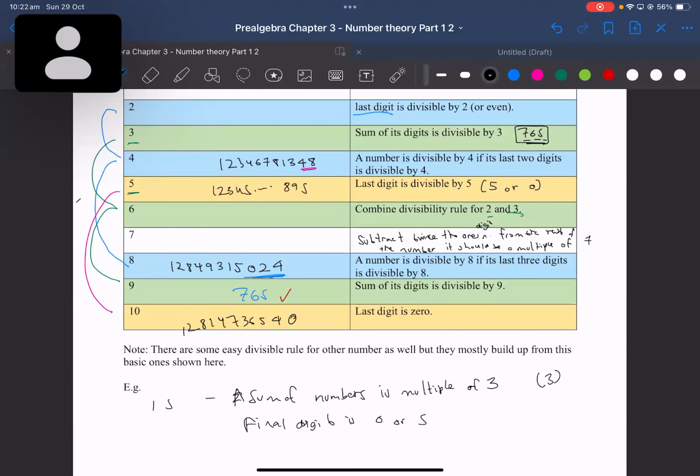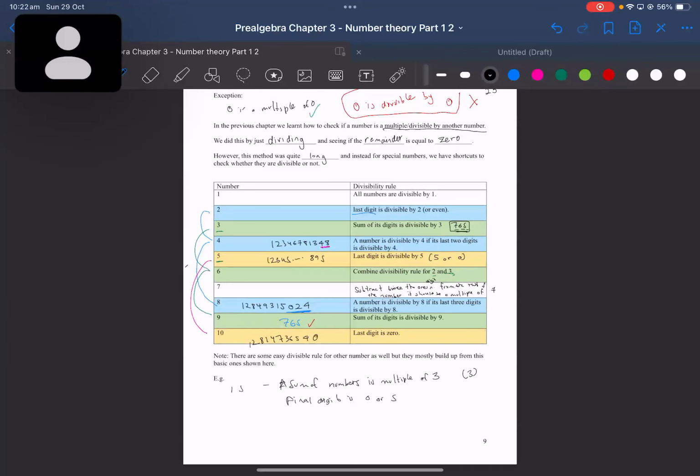These are 2 rules combined. And actually, one of the questions you have, I think 18, you've got to figure out on your own later on.